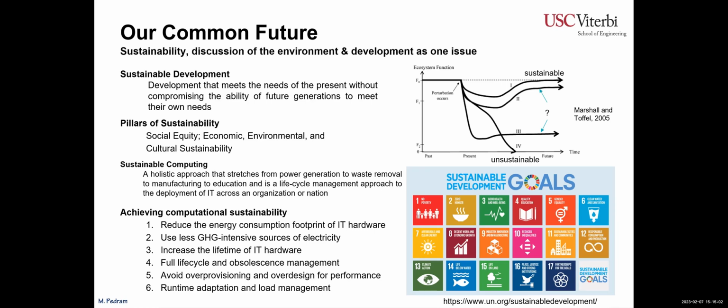And then finally, runtime adaptation and load management, being able to respond dynamically to the actual conditions in which the systems are being used, and adjust the behavior of the system in terms of, say, energy consumption versus performance level dynamically.